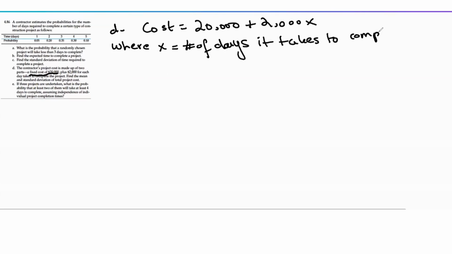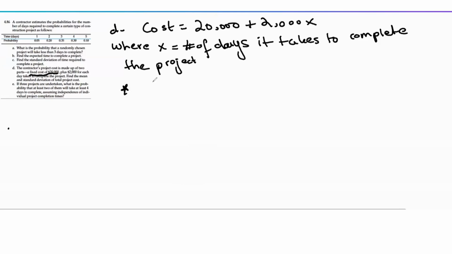So the first step is that we write this function for cost, where there's a fixed cost of 20,000 plus 2,000 times the number of days it takes to complete the project, because for each day it's 2,000, so you just multiply the number of days by 2,000.